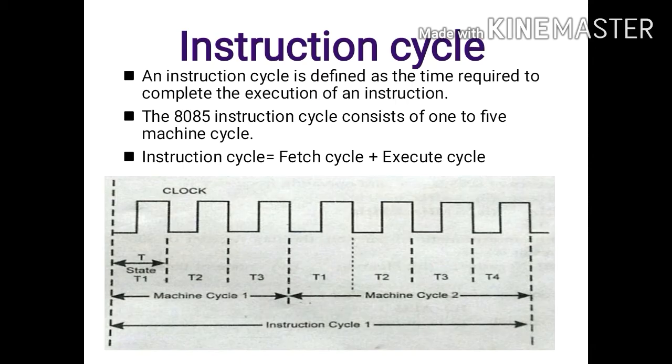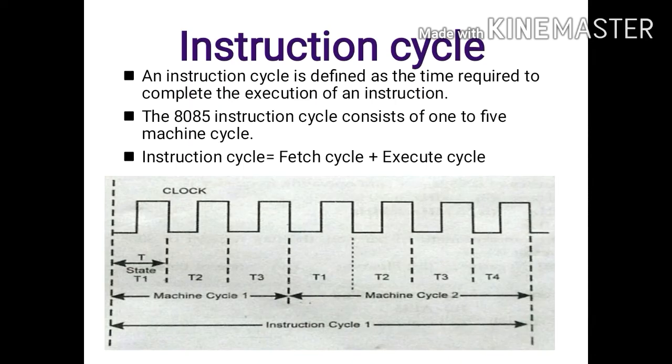Fetch cycle means the time required for the CPU to fetch the opcode of the instruction from the memory. Execution cycle means the steps required to acquire the data from the memory and complete the operation that is specified in the instruction.